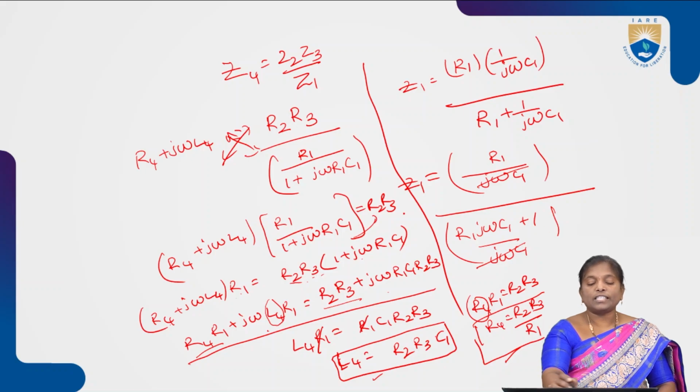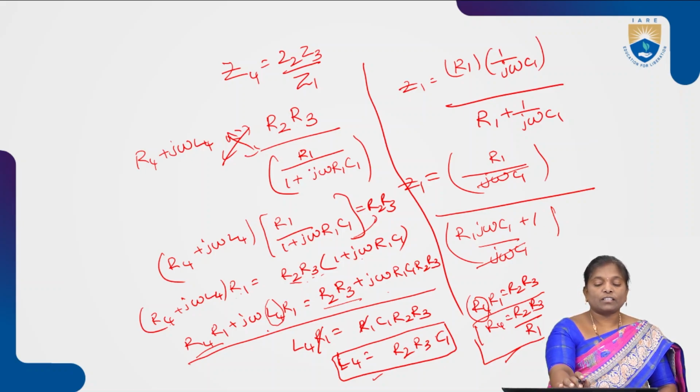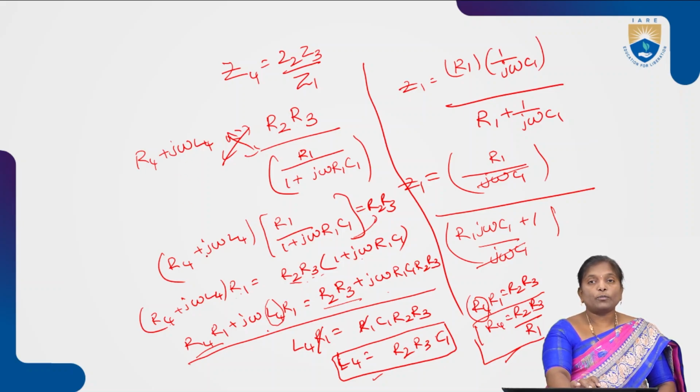Now substitute this Z1 value here and then cross multiply this equation. By cross multiplying this equation, we have R4 plus j omega L4 into R1 by 1 plus j omega R1 C1 equal to R2 R3. In this equation, again multiply this 1 plus j omega R1 C1 with R2 R3.